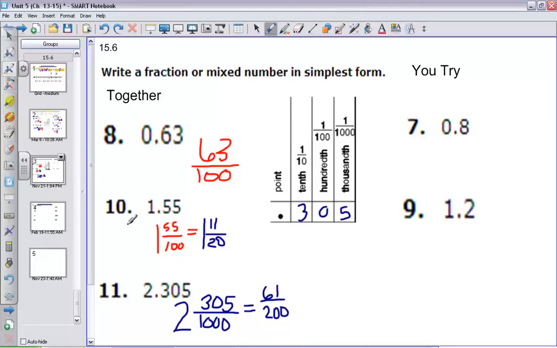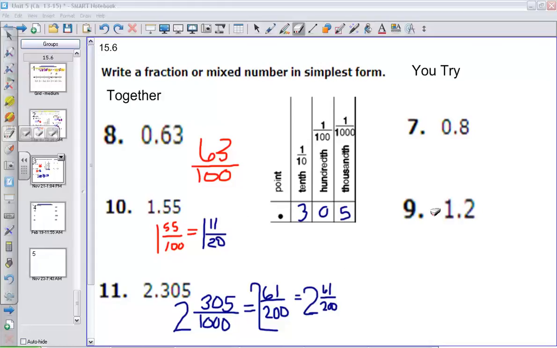That's all I'm going to be able to do with that. And I also have to remember to rewrite my whole number. So my final answer is going to be 2 and 61/200. Ba-boom.